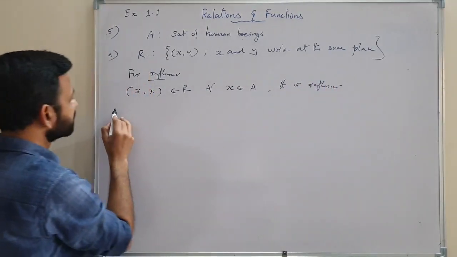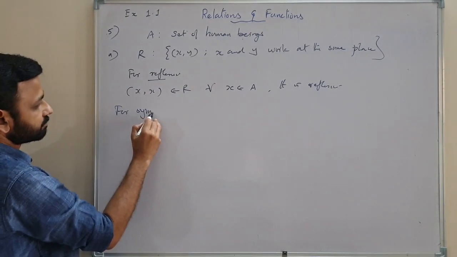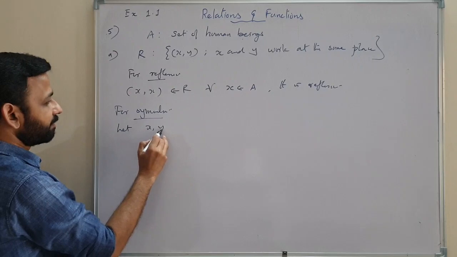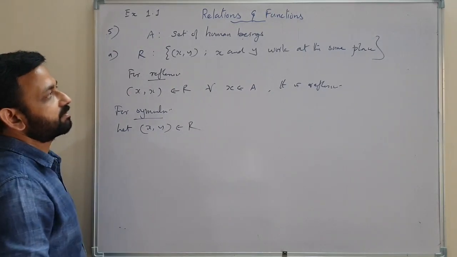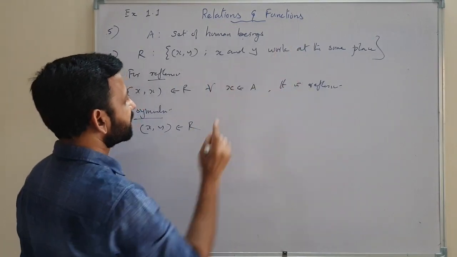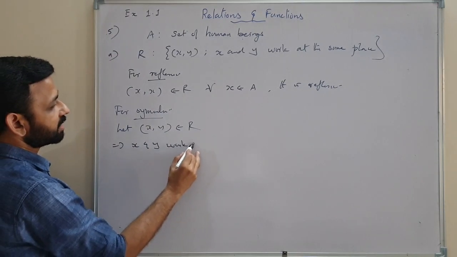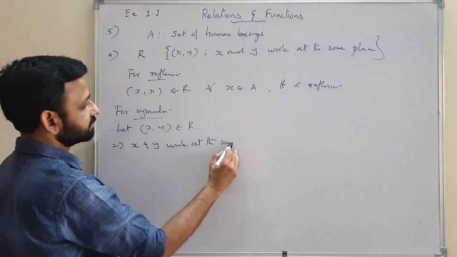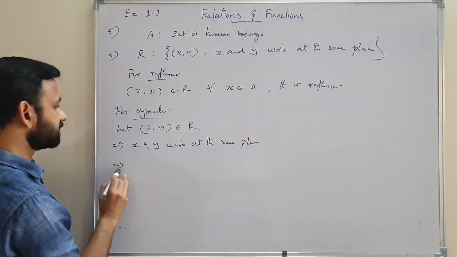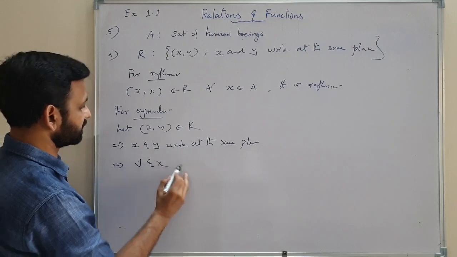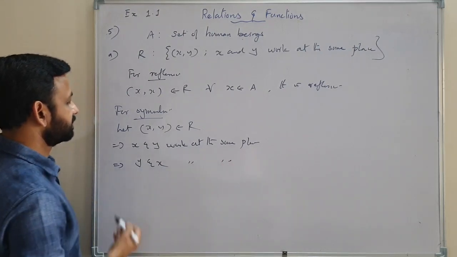Then for symmetric, let the ordered pair (x, y) belong to R. That means x and y work at the same place. Implies y and x work at the same place.